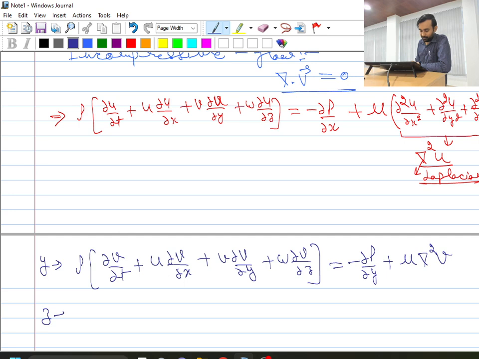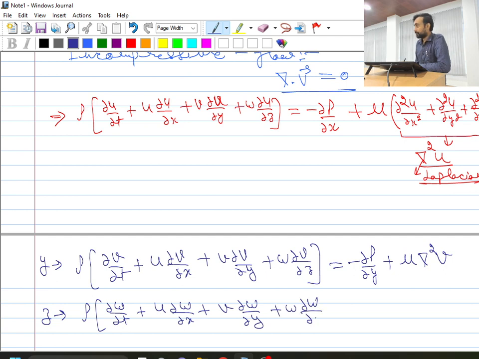Then what will be the z momentum equation? Minus del p by del z plus mu times del square w.